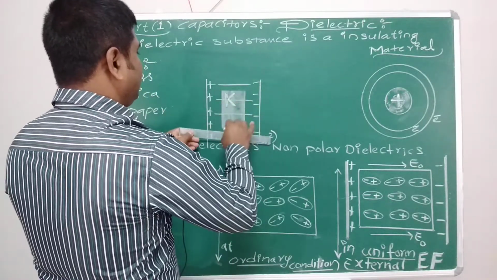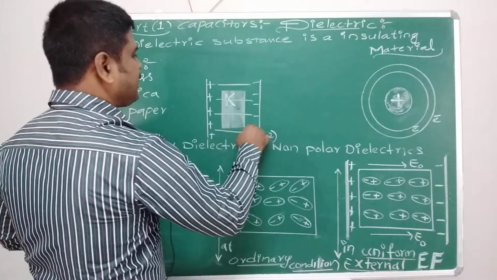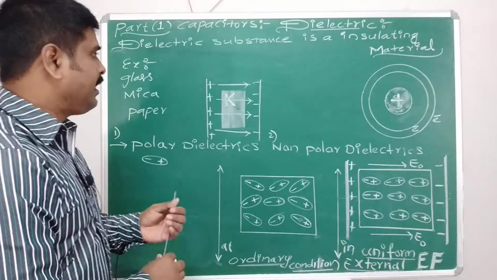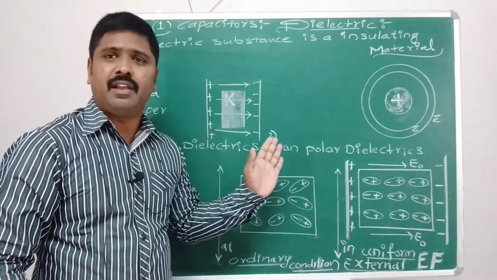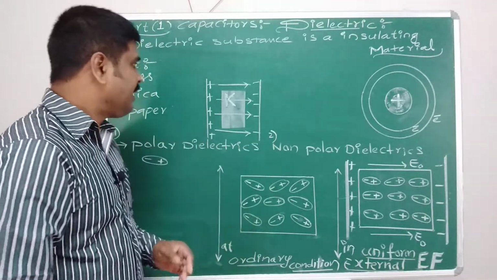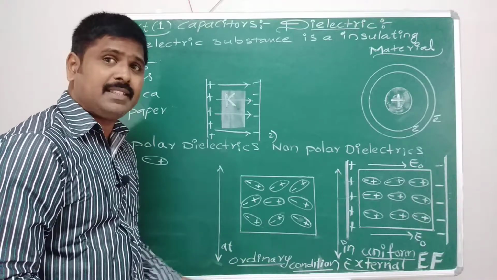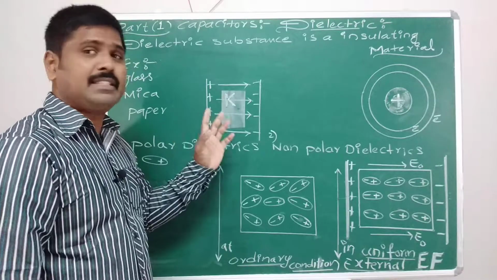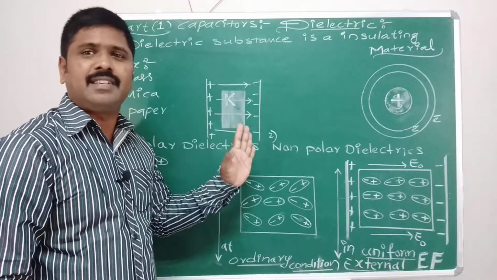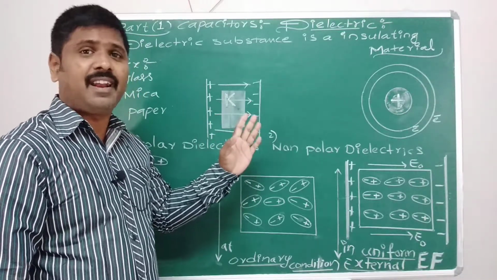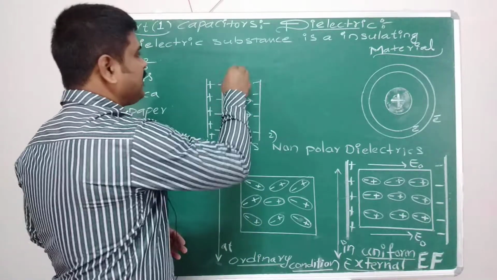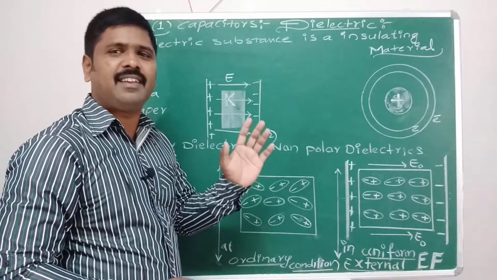The dielectric substance allows the electric field to pass through it. But in metals, the electric field inside the substance is zero. That is a metal; this is a dielectric. In a dielectric substance, the electric field E is transmitted but no current is conducted.